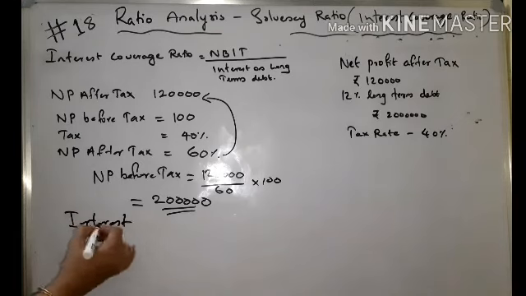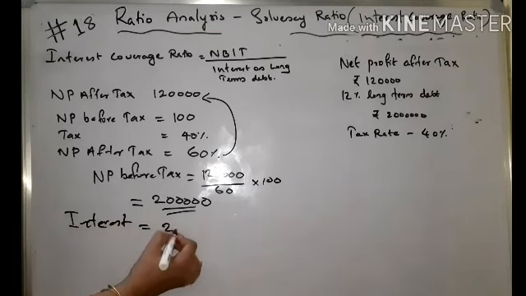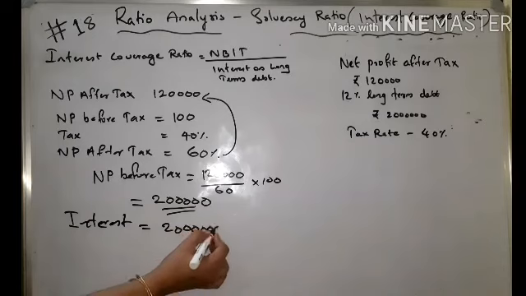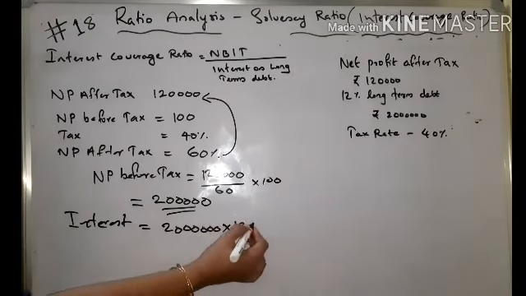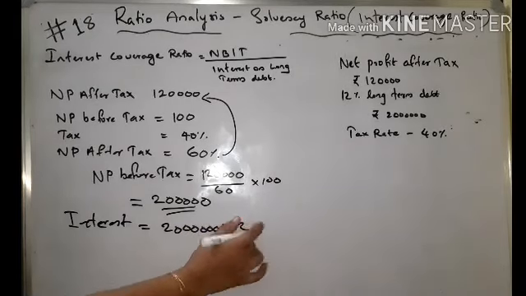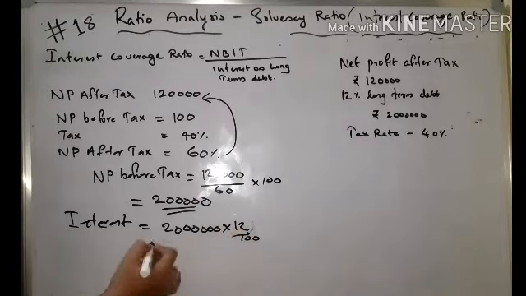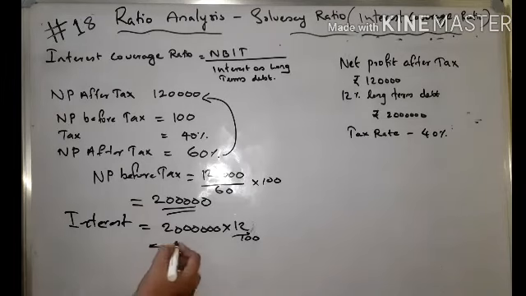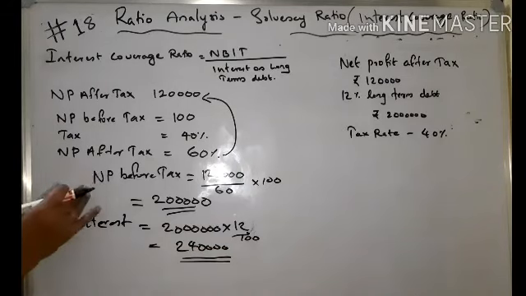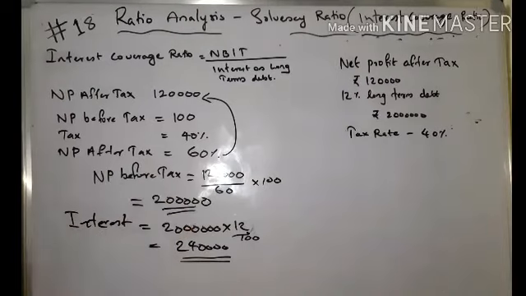Interest is equal to 20 lakhs into 12 by 100. That means 20 lakhs at 12% is 2 lakhs 40,000. So net profit before tax is 2 lakhs and interest is 2 lakhs 40,000.